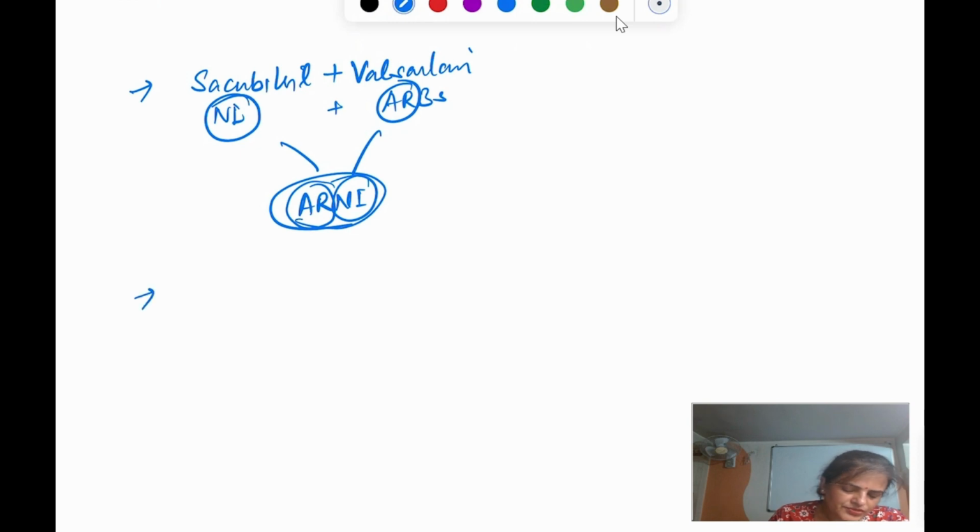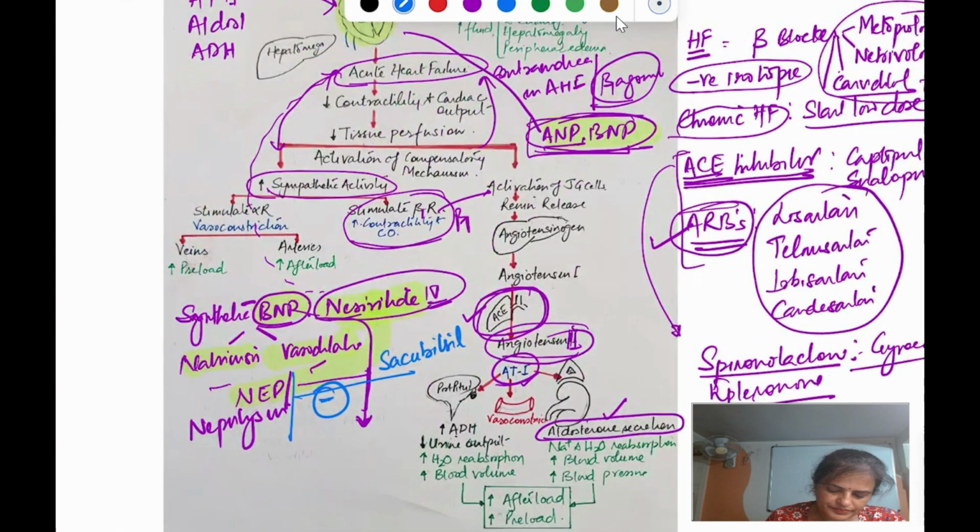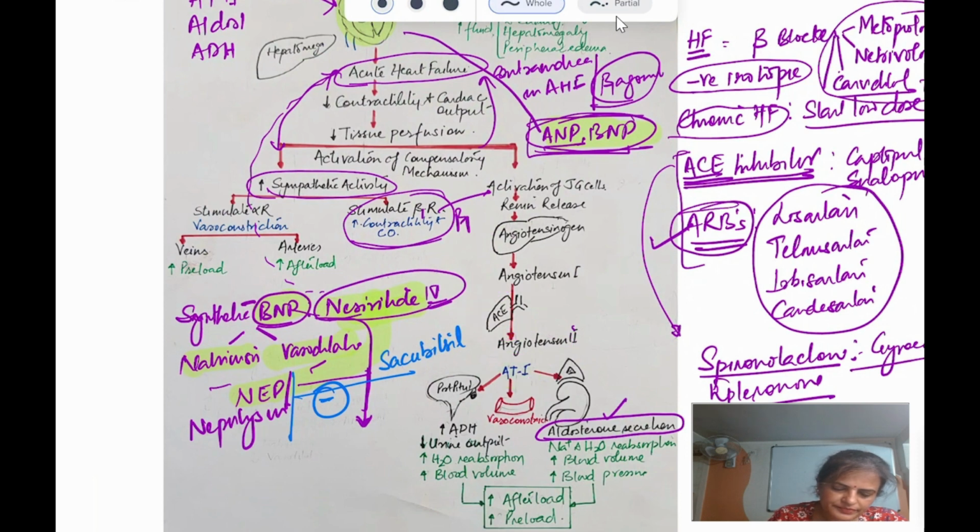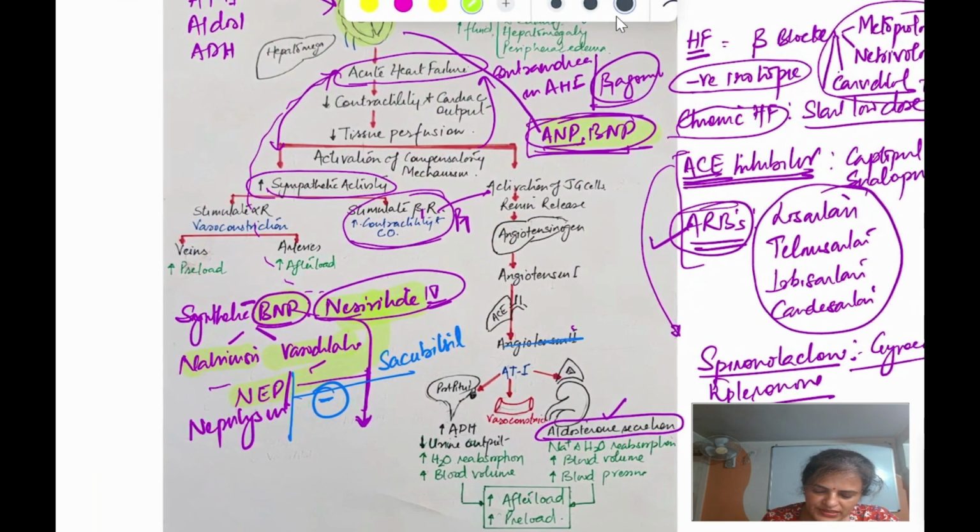Another drug, already I have told, in chronic CHF. In the RAS pathway, once angiotensin 2 is formed, what will happen with the angiotensin 2?